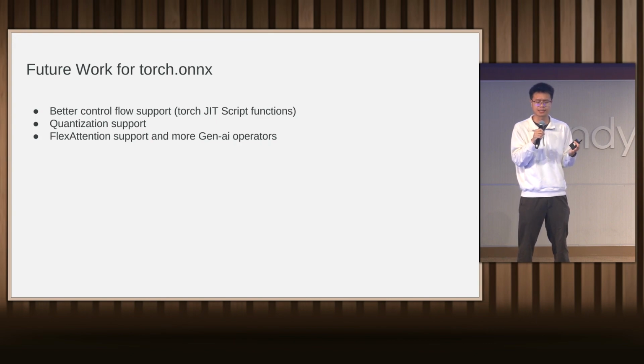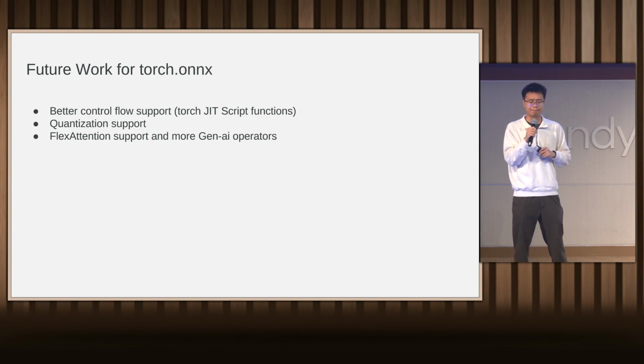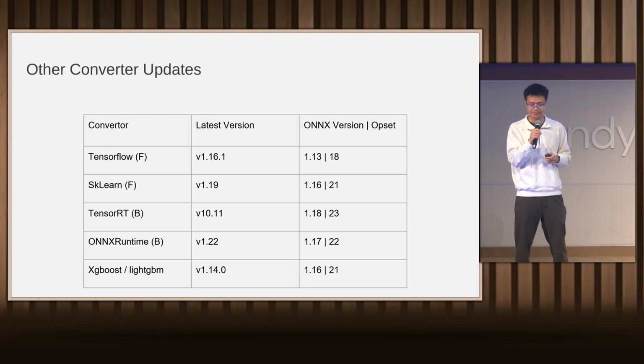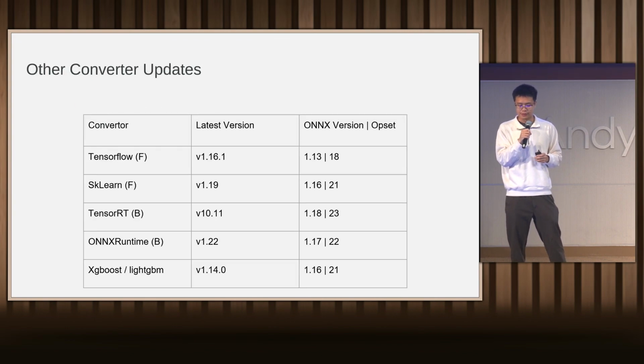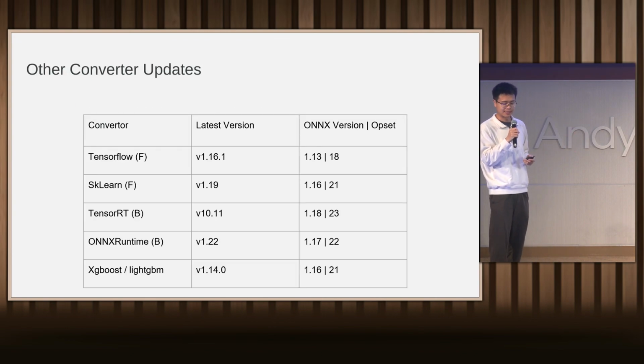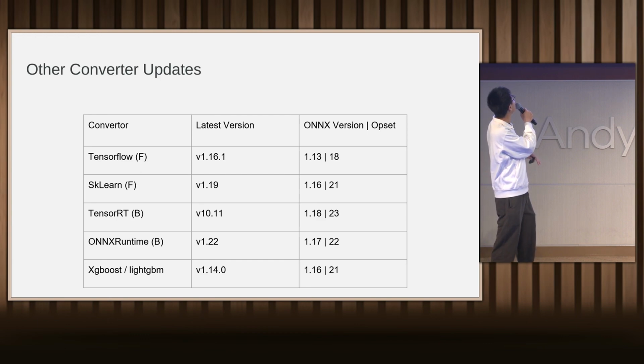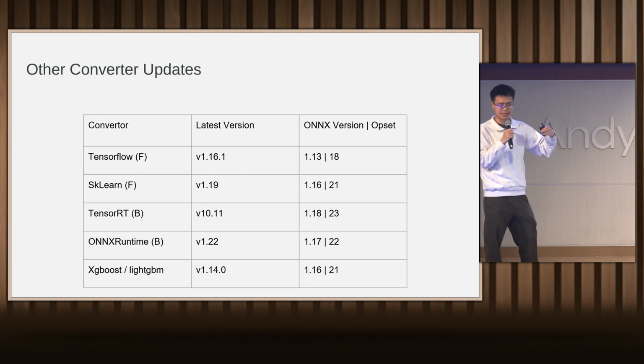We're also looking at flex attention support, and that's being looked at by the GenAI working group, so that whatever flex attention operator the user is creating can be translated into the ONNX graph as well. And finally, some other converter updates that include TensorFlow, scikit-learn, and XGBoost.